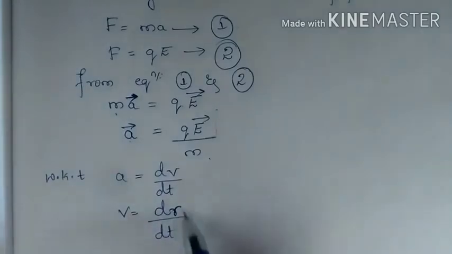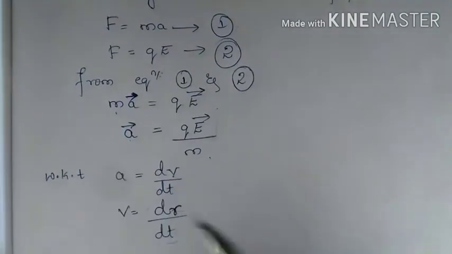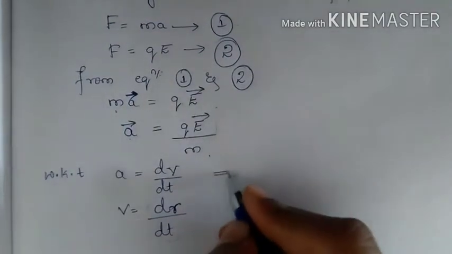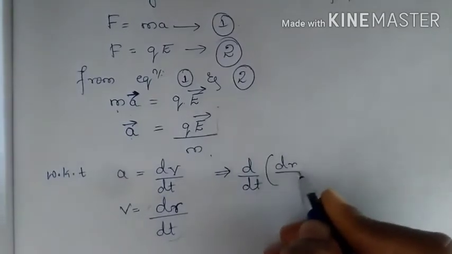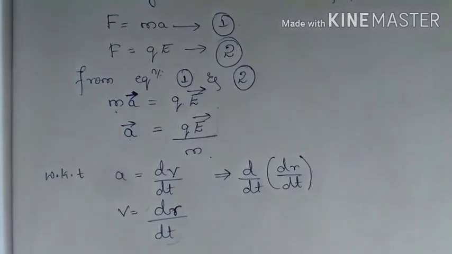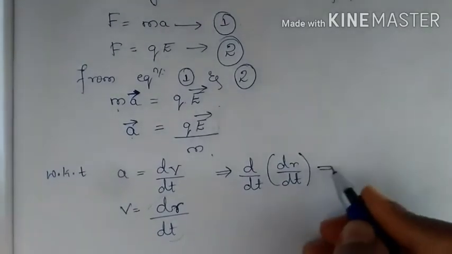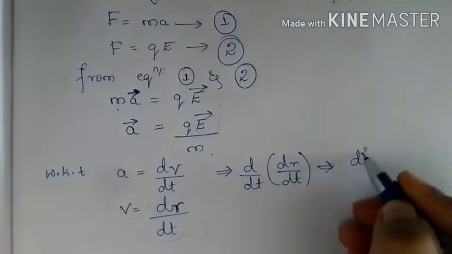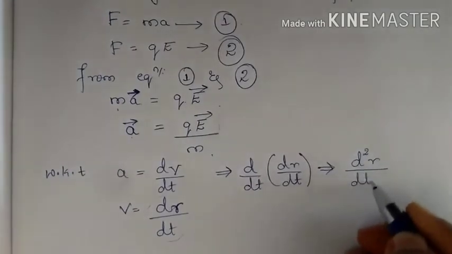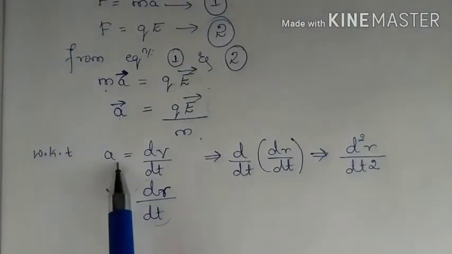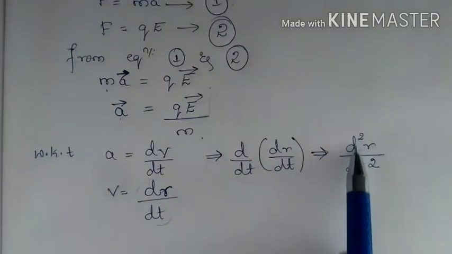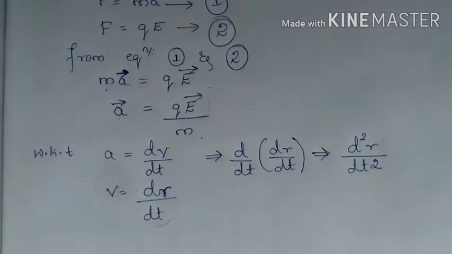So if I substitute this dr by dt in v, what I'll get? d by dt of dr by dt. And this gives d square r divided by dt square. So you are writing acceleration in terms of the displacement of the particle.